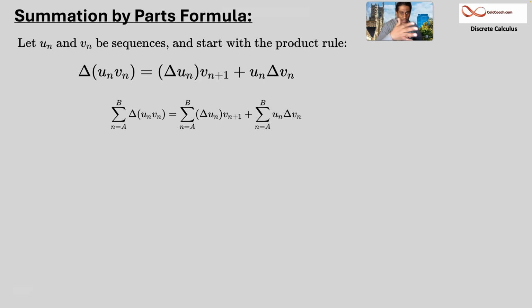Then we take those terms, throw summations on them, sum the left and sum the right. On the right, we break it into two different sums, and then we subtract over the one that has the forward difference on U sub n. And so what we're looking at is the formula for summation by parts.